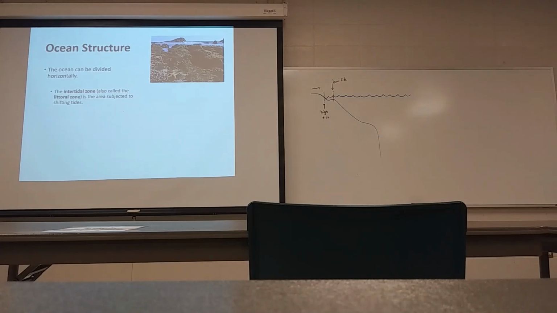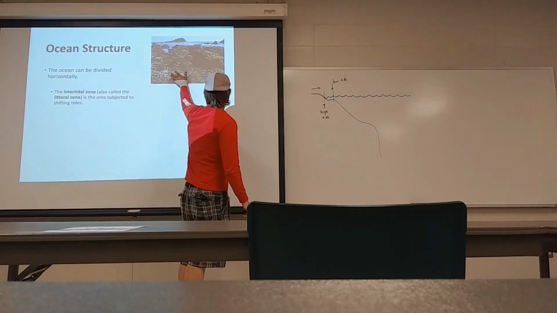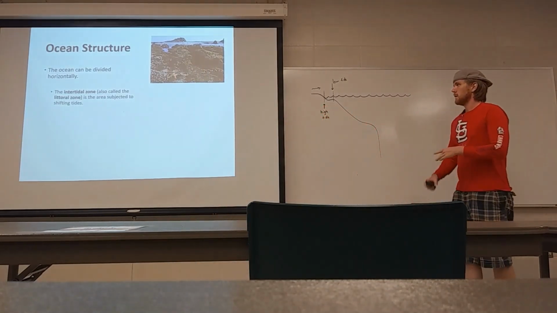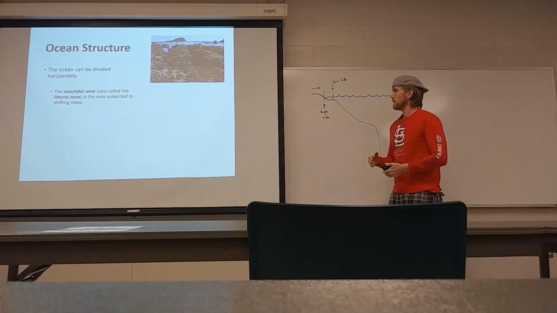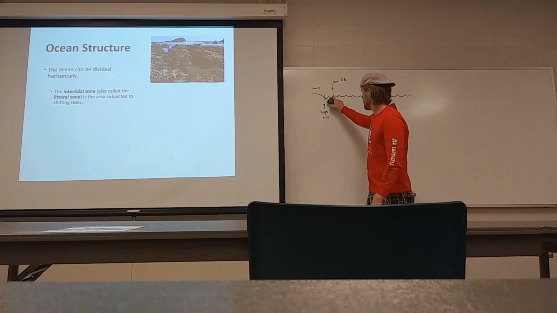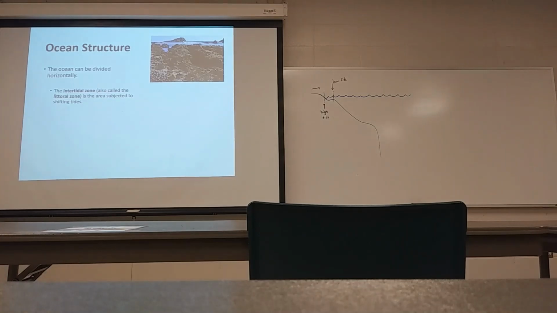This is the area subjected to shifting tides. You can see a picture here of a sea star among many other species that are adapted to that environment of change, because you have to be able to survive in either very, very small isolated pools or survive exposure to the air if you're going to be able to live in such a dynamic changing area. And so the intertidal zone is between high and low tides.